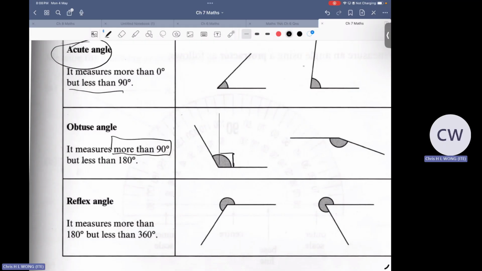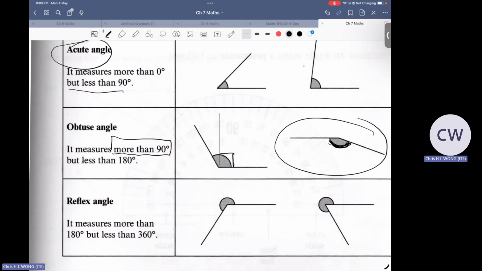Right? Obtuse, now, not necessarily that it must be straight. You can see from here, it can be the other way around. It is still obtuse angle. If I say, this is actually obtuse angle, less than 180, right? More than 90, less than 180. Okay.